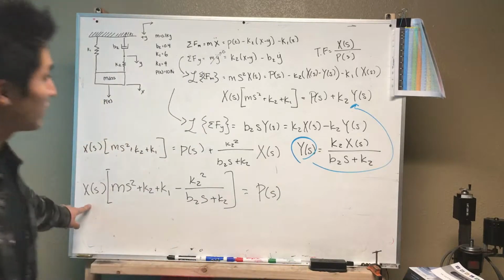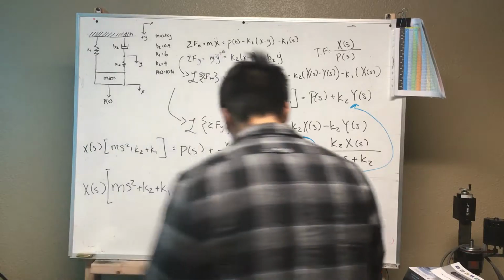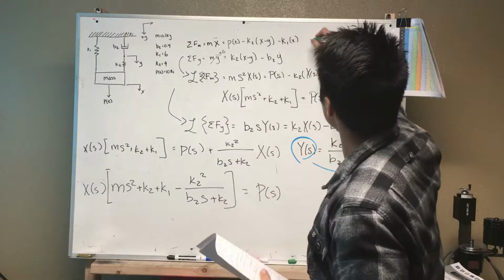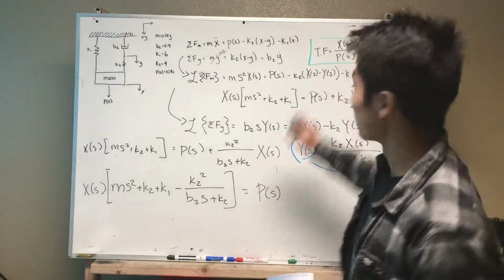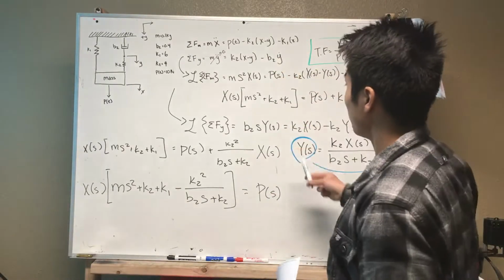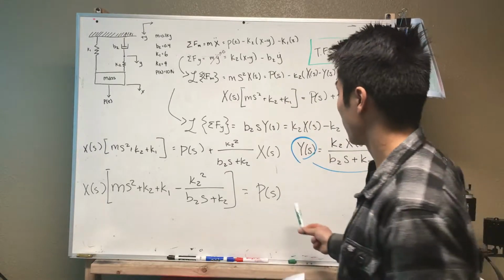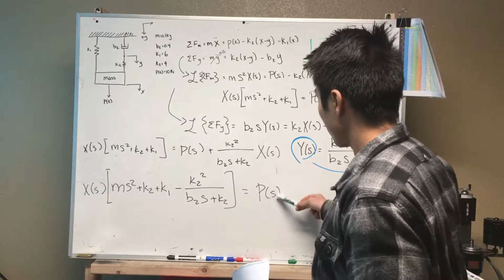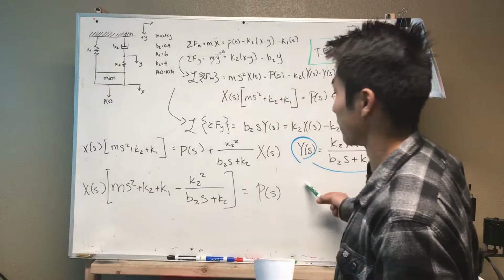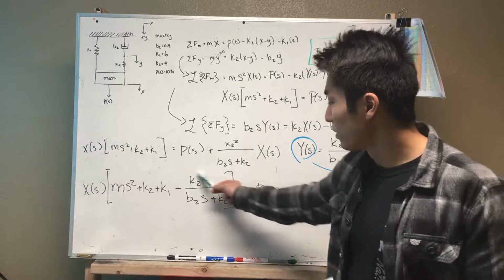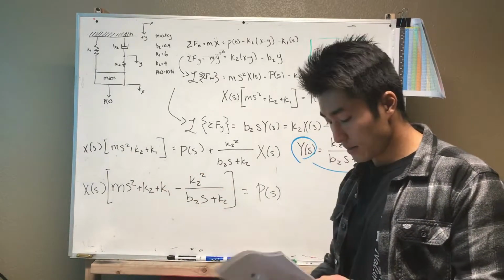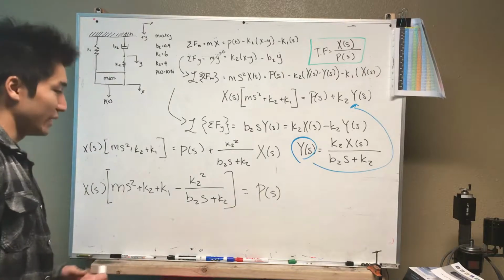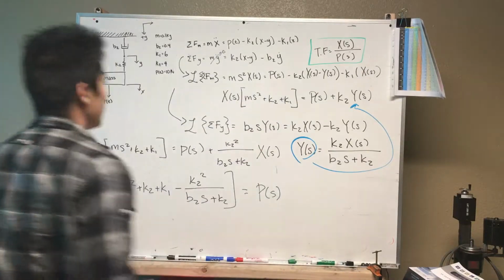And remember, we want to get our transfer function to look something like this right here. So with the two equations that we made, we got two different Laplaces, and now we have p in the s domain, x in the s domain, and we would just have to bring this over on this side and this over on that side. So it's going to be 1 over all of this guy. And sure, why don't we go over and simplify it even more.